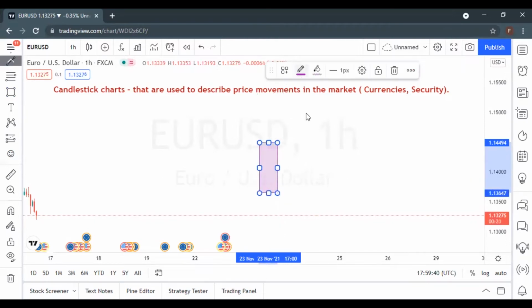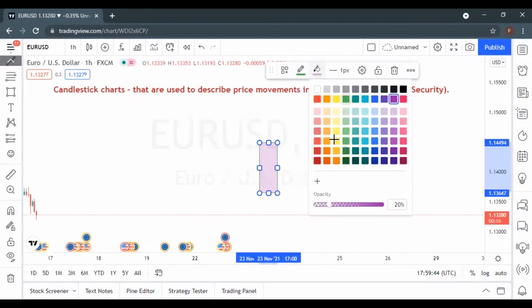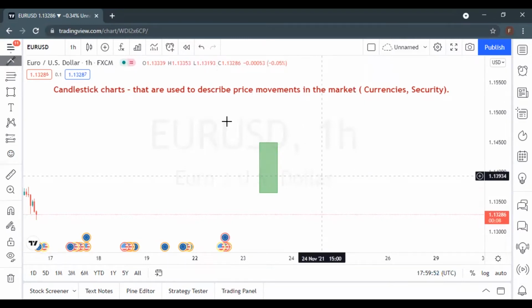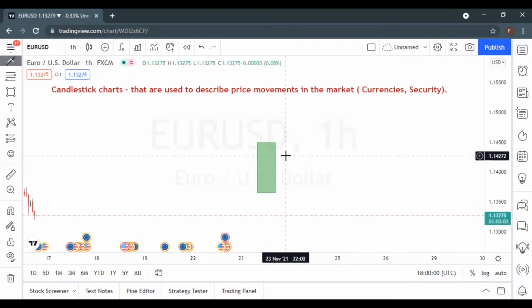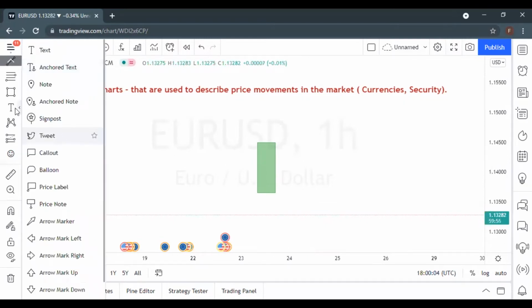Let's use the conventional colors like this. This is better. Okay, what you can see right now is the body of a candlestick, right?